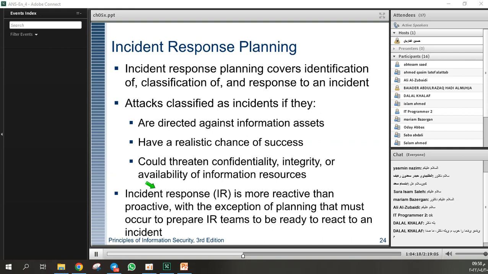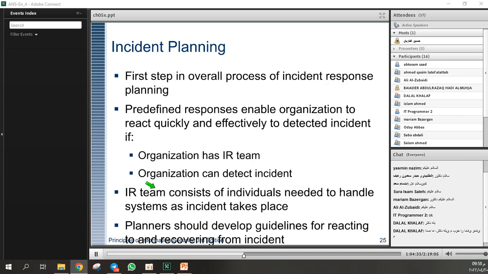So we can quickly react against, for example, a fire or something like that, and cover the damages easily. It's not expensive. But when we talk about disaster, it's something else.